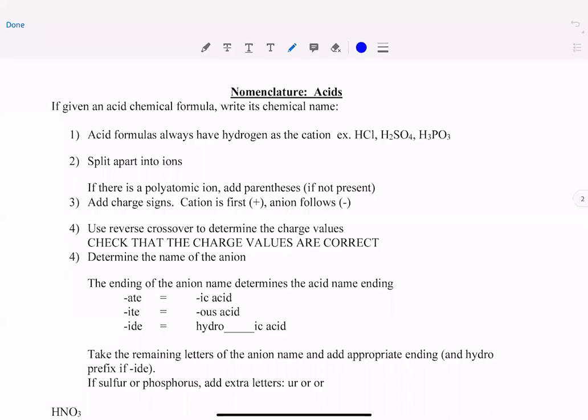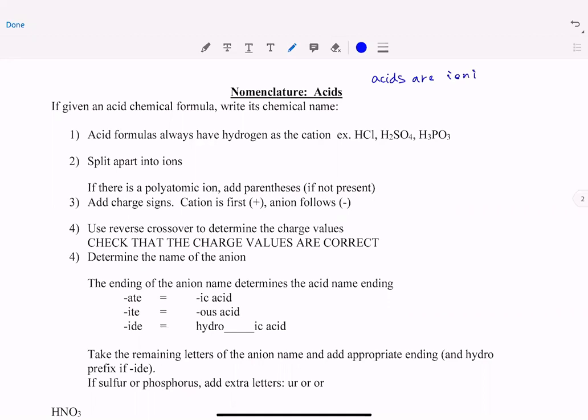Now on to nomenclature of acids. So this is a little offshoot of nomenclature. Writing the chemical names or chemical formulas, we've already covered for ionic compounds and covalent compounds. Well, acids are a special category of nomenclature. Acids are aqueous solutions. So acids are also ionic compounds.